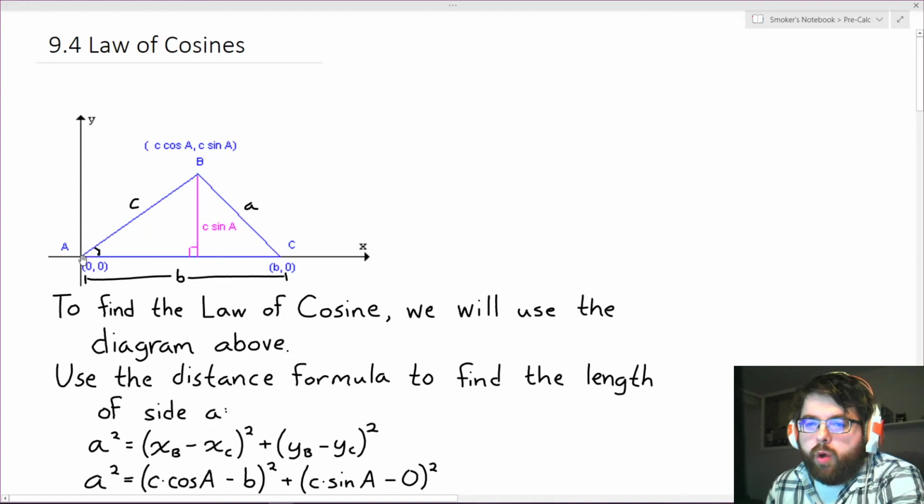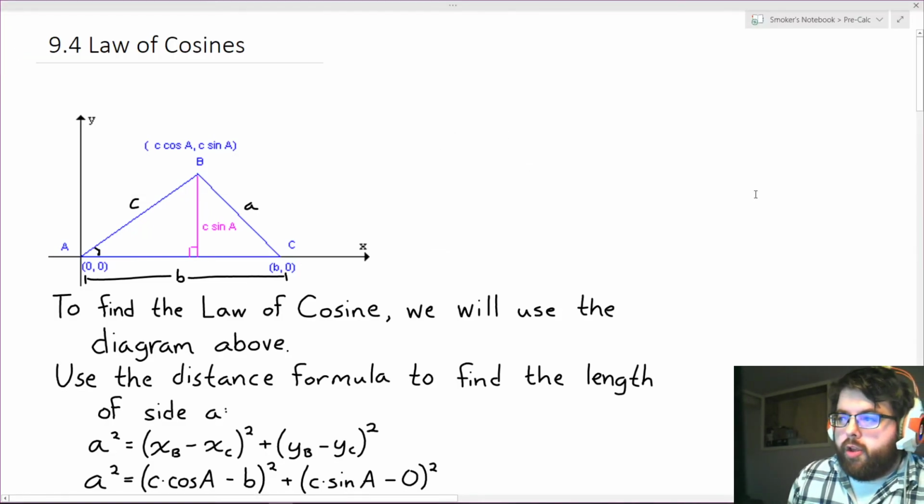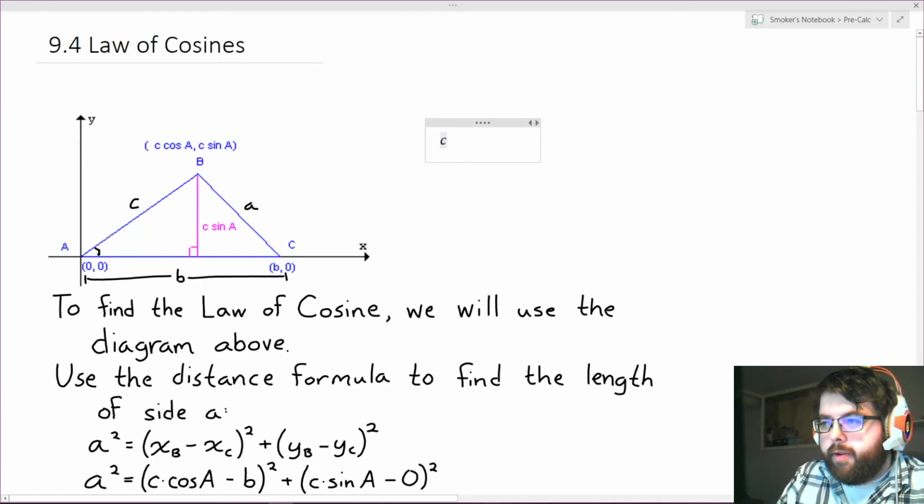You can find what this distance is because cosine is adjacent over hypotenuse.